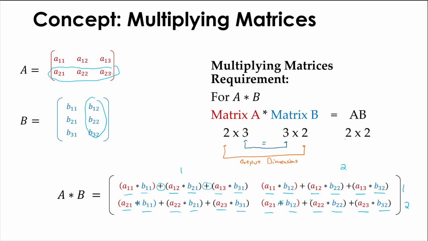And again, I'm just adding those products together. That might look kind of weird with a bunch of letters in here, so we'll take a look at a few examples shortly.